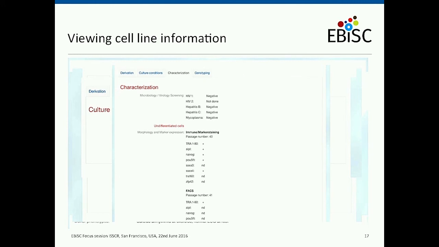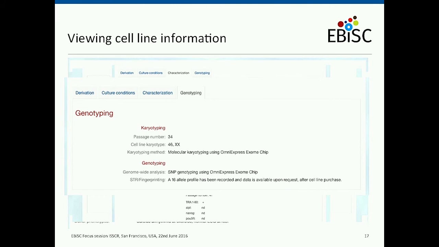And all of this information actually comes from the line being registered in HESC-Reg. And then any karyotype and genotyping information we have. Again, we're working on ways to make it much easier to get access to this information. At the moment, we just have descriptions and pointers to where you might be able to get hold of it. But we're working on making that much easier.